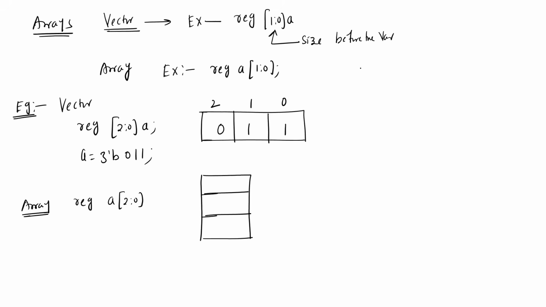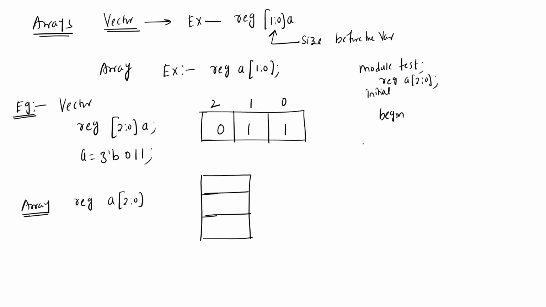Suppose we take one example: module test, initial begin. Here I declared the array reg a[2:0], so how many locations are there?